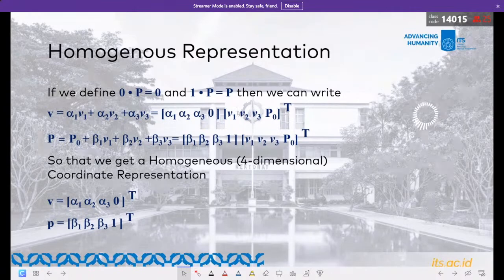So this is A, and this is some matrix M1, and this is another matrix that is transposed, which means that this is in the form of a column. Imagine that this is v1, v2, v3, and P0 vertically.